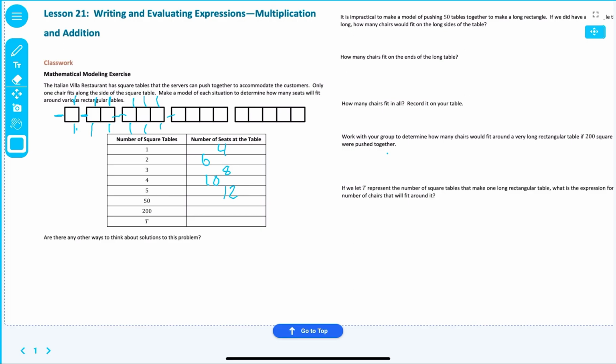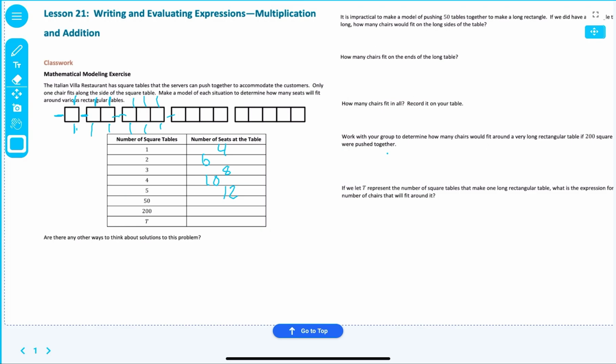So first of all, it says, are there any other ways that we can think about the solutions to this problem? We've got to kind of think about it here. Okay. Now, how did we go from 1 to 4, 2 to 6, 3 to 8, 4 to 10, and 5 to 12?